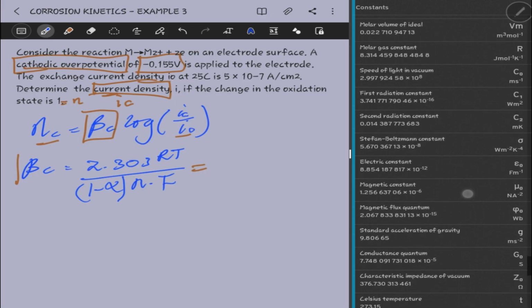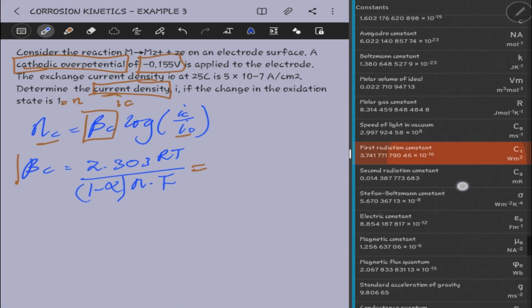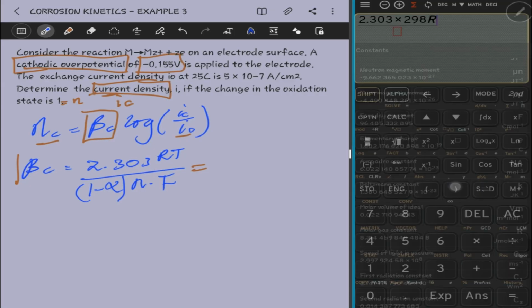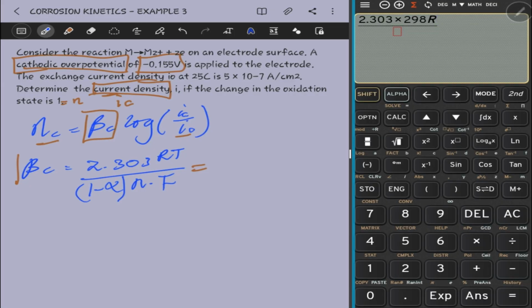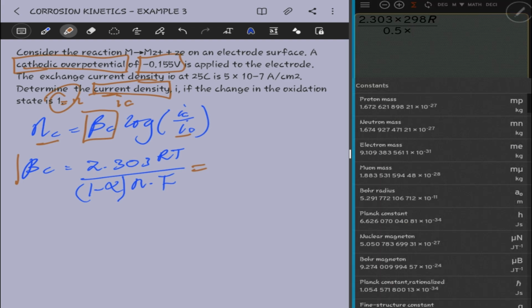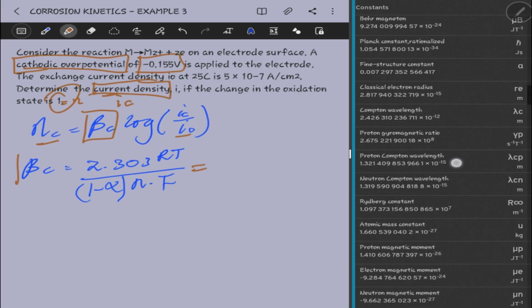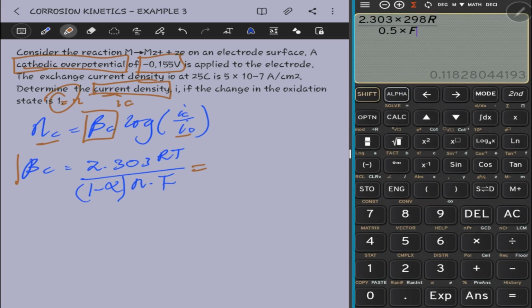Then we have 1 minus 0.5, 0.5, and the number of electrons involved is 1, as stated here. Then we need the Faraday constant.